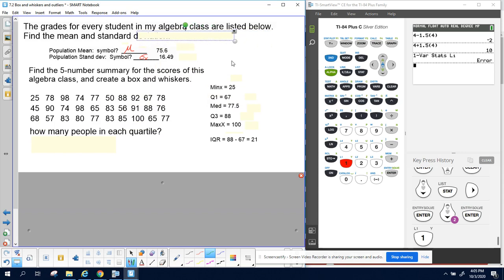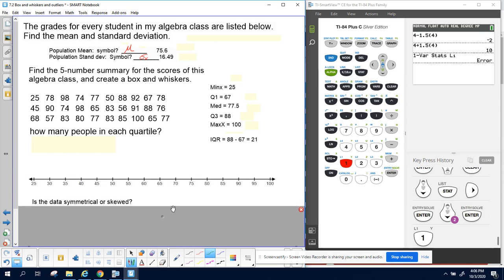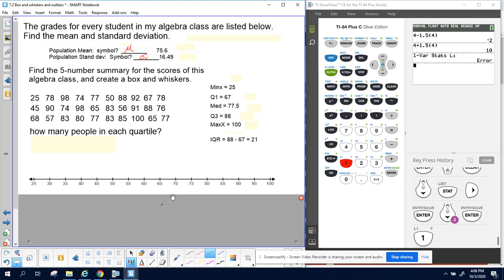I want to make sure that you know that when we divide things into quartiles, that means we're dividing it into 4 equal sections. Your numbers will be in 4 equal sections. So after I draw this, we're going to answer a quick question about that as well. All right, here we go. For the minimum number, 25. For the maximum number, way over here at 100.